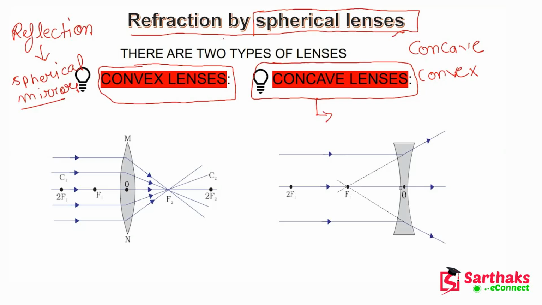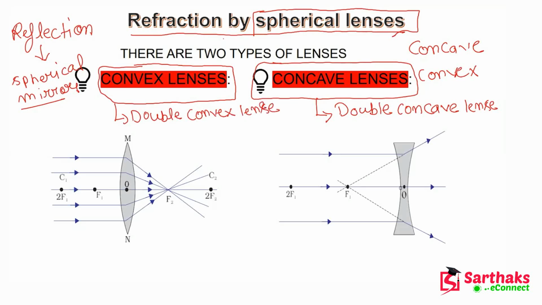Sometimes students get confused that the concave lens can also be called a double concave lens. And the convex lens can also be written as a double convex lens. I hope, guys, you got my point.